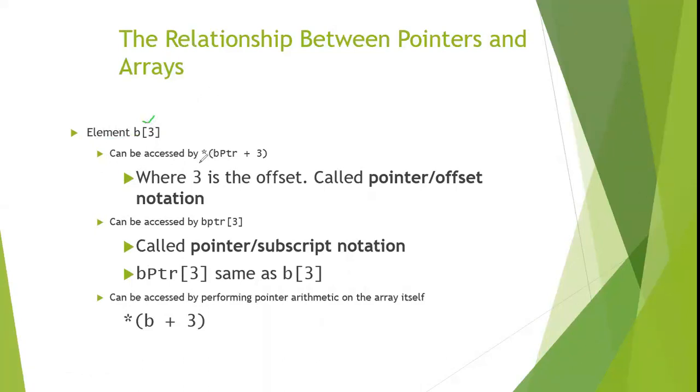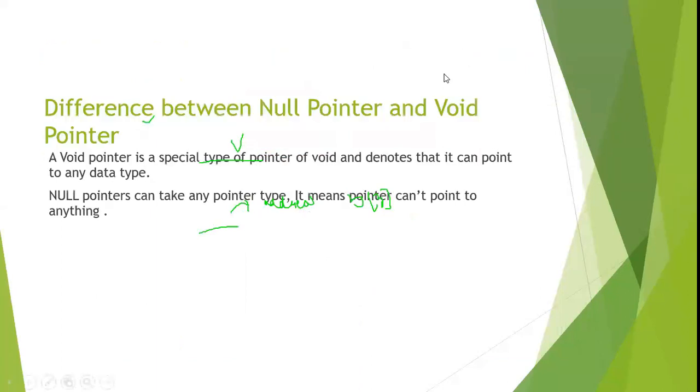And if I write *(p+3), it will also give the value at index 3, right? If I write &b[3], it will give me the address of b[3]. I think we have done all this in the previous slide. Let me tell you in which slide we have done all this.